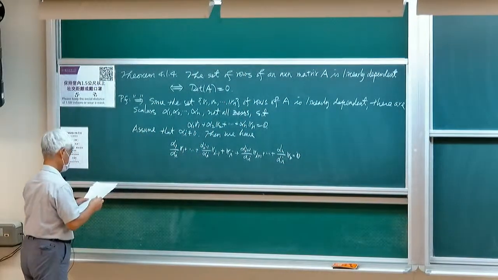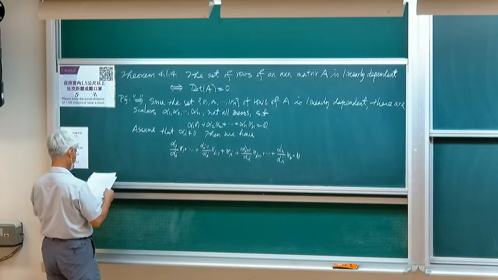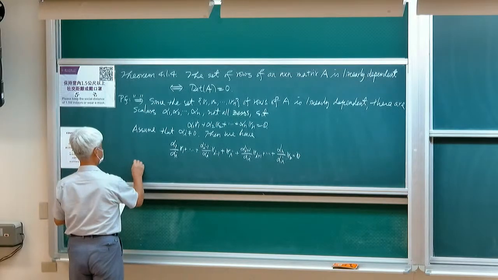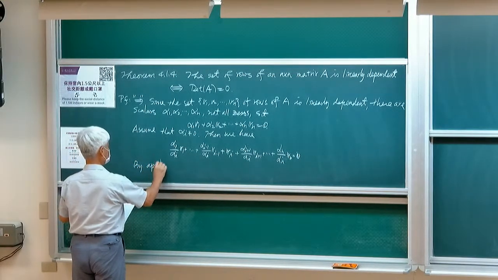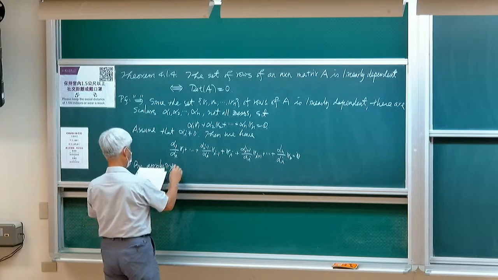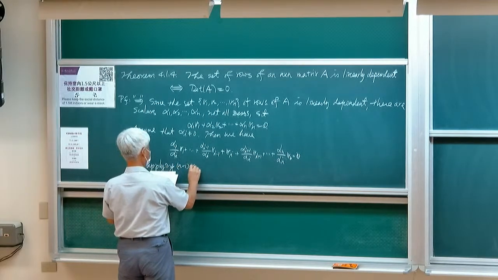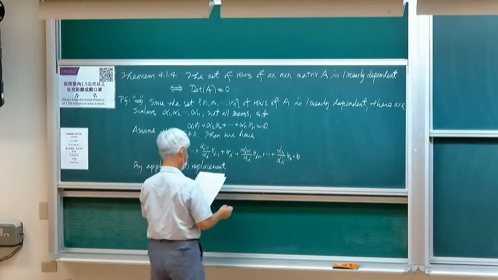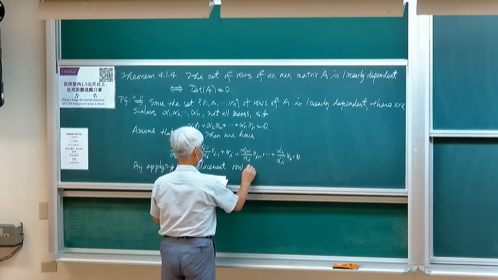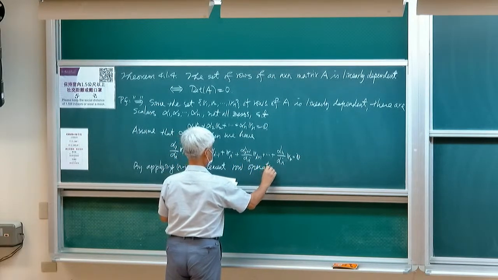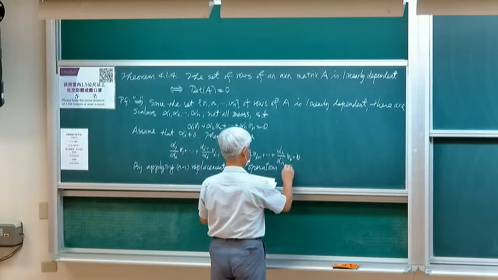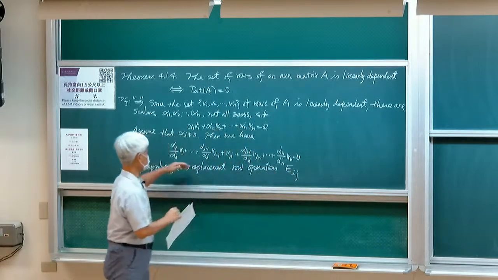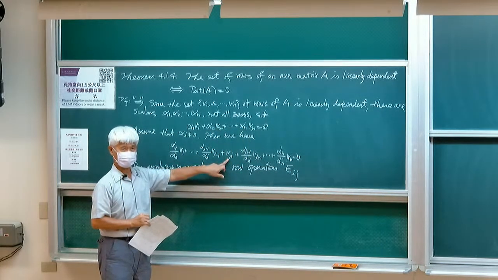So by applying n minus 1 replacement row operations, this is the ith row of the matrix A, right?